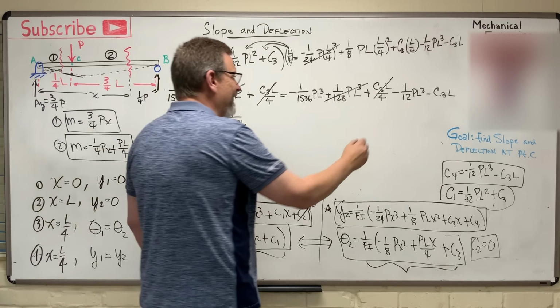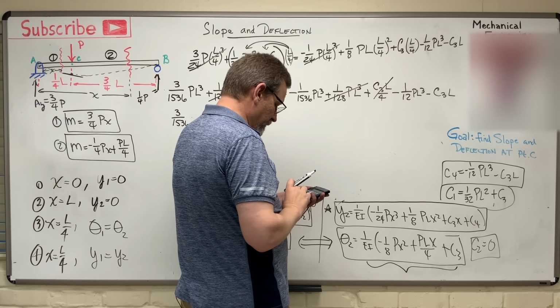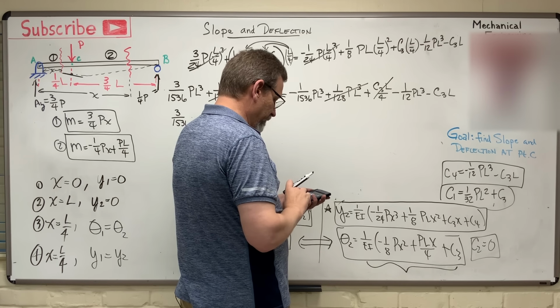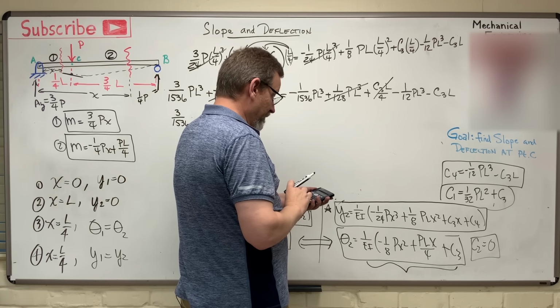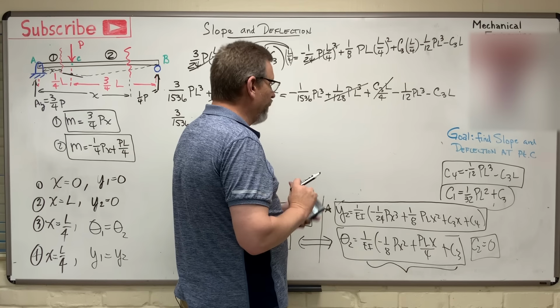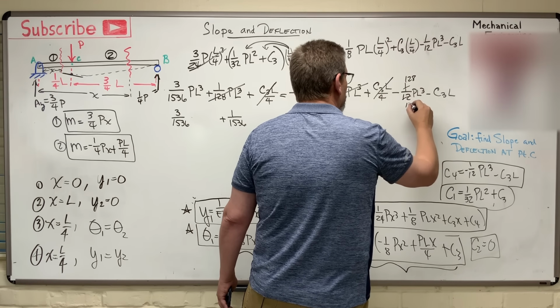One more right there. And that's what? 1536 divided by 12 equals 128. So this becomes 128 over 1536.